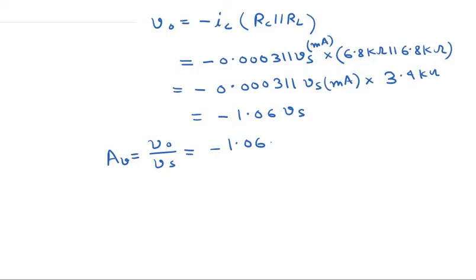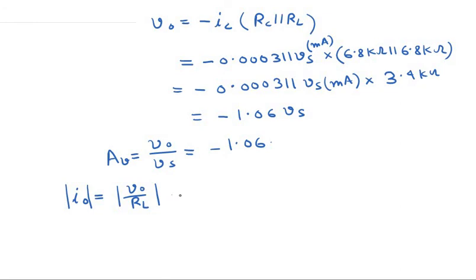Then we are also asked to find the current gain AI, which is the ratio of the output current to the input current, and I0 is the current flowing through the load resistor RL. The magnitude of I0, not considering the direction now, is V0 divided by RL.